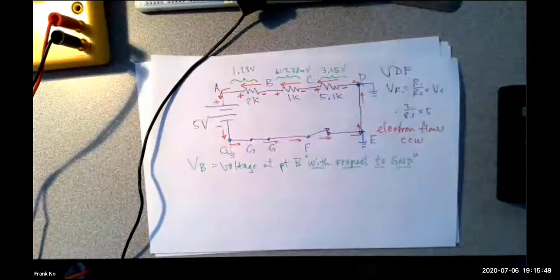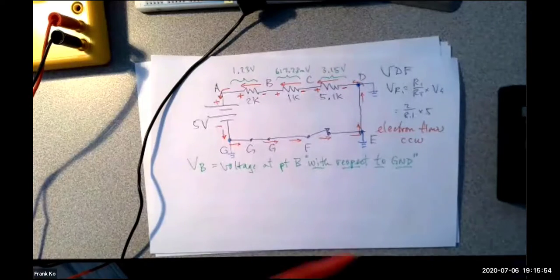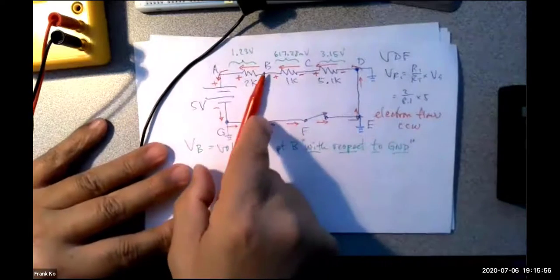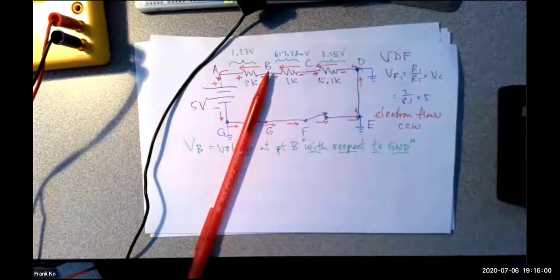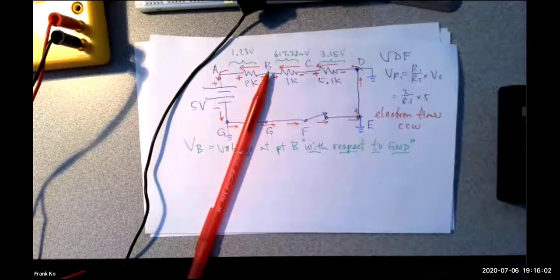Somewhere in your collection, you have a red crayon or a red pen or something. Can I use this red pen and put it at point B, simulating the red probe of my multimeter?